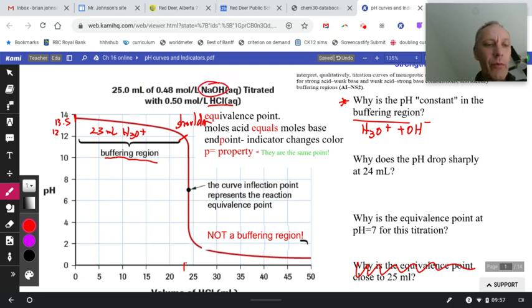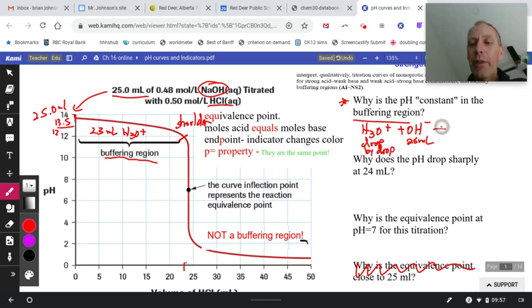We are starting off with 25 milliliters of NaOH, which is a strong base. And that's why our pH is 13.5. So we have 25 milliliters of this, and we're adding this drop by drop. Every time we add a drop, it is immediately neutralized into water. So we end up with water, and we still have strong base left over.